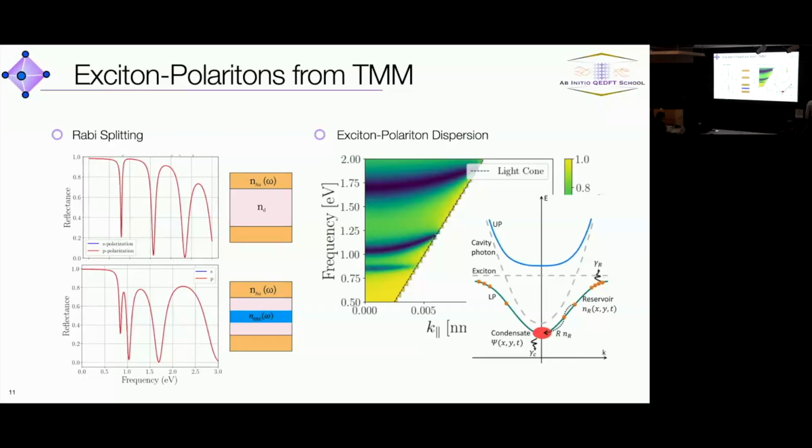Then you have the solution with a node, and then another solution, and so on and so forth. These solutions are such that kz is proportional to n pi over L, where L is the distance between the mirrors.